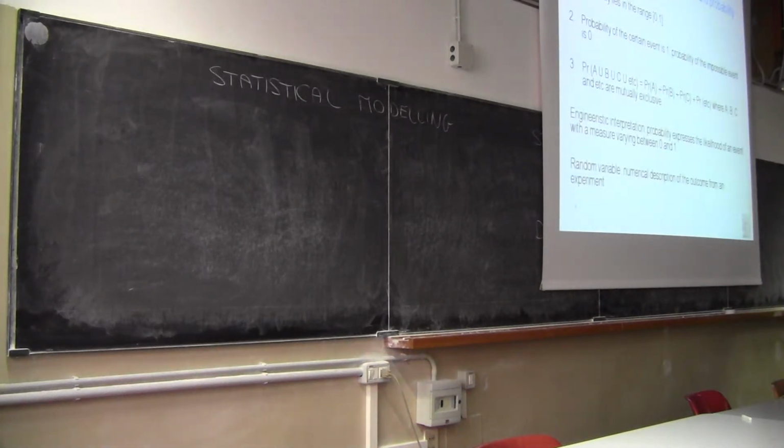Okay, there is an engineeristic interpretation which is proposed by Wikipedia, at least it was last year. Probability expresses the likelihood of an event with the measure varying between 0 and 1. But in any case, when you express your degree of belief, even if you express it based on your expert knowledge, you must respect these axioms.